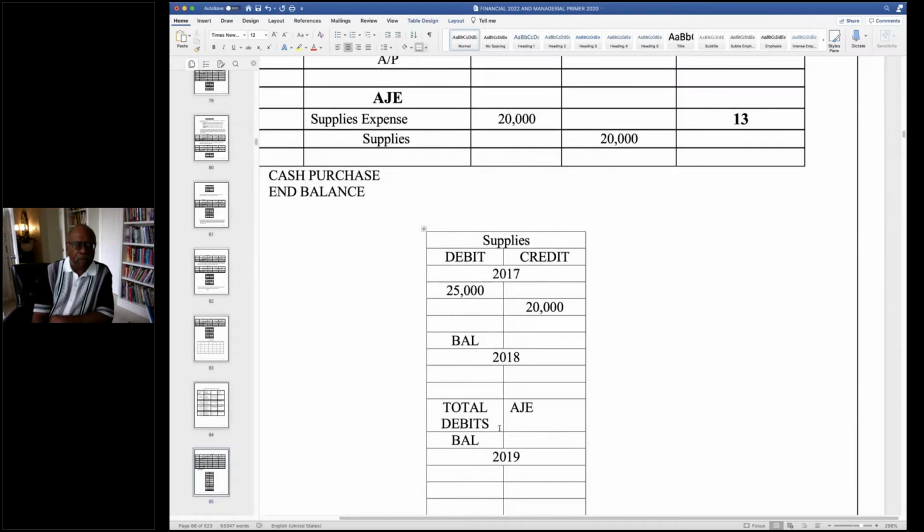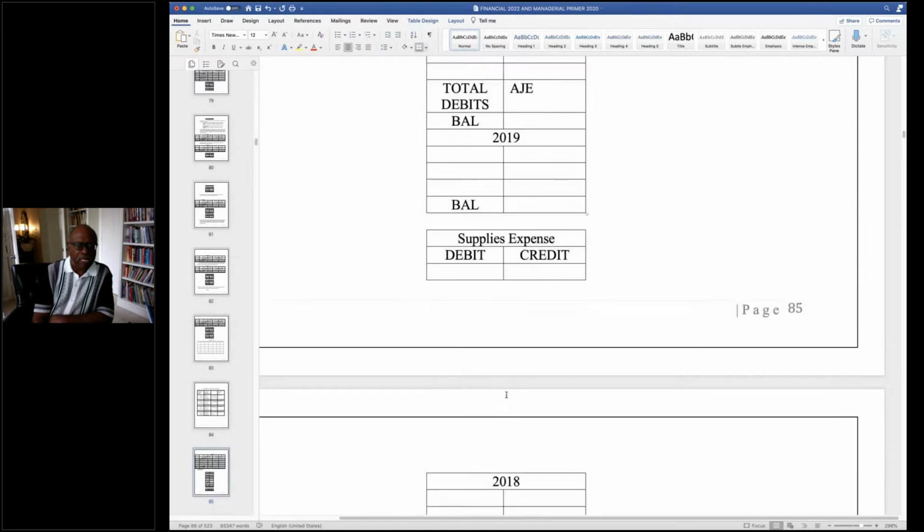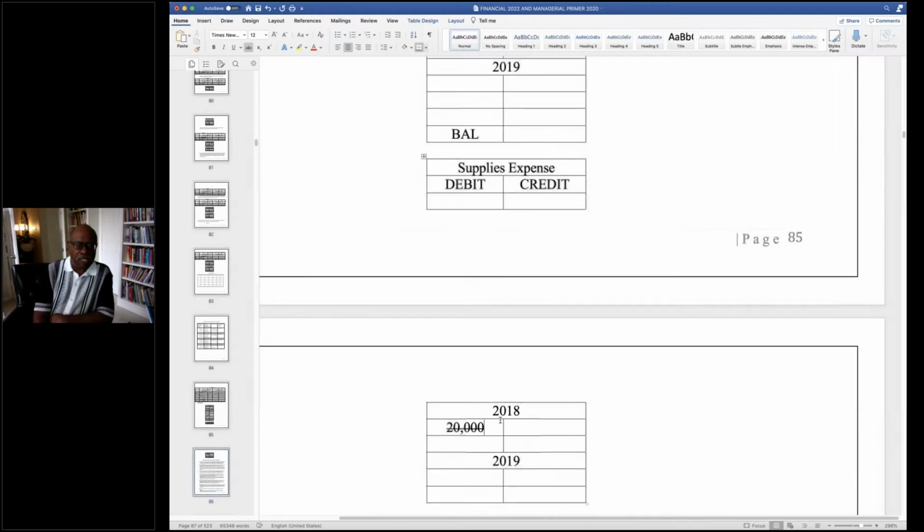And we debit the supplies expense 20,000. You're seeing that this is coming in here because once you put it in here, you'll have a closing entry eventually to close it out.